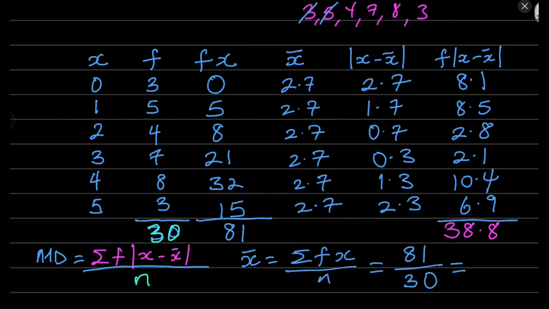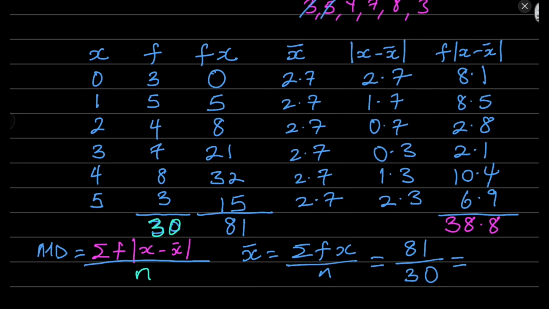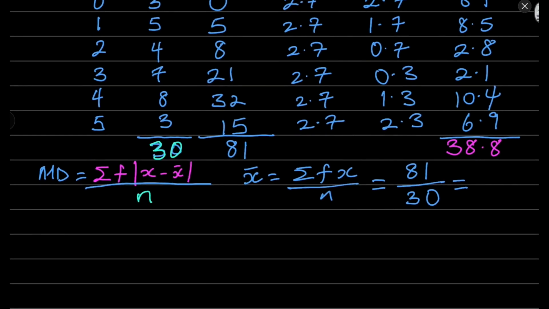So we just employ the formula. That means that the mean deviation is equal to 38.8 all over n, which is 30.